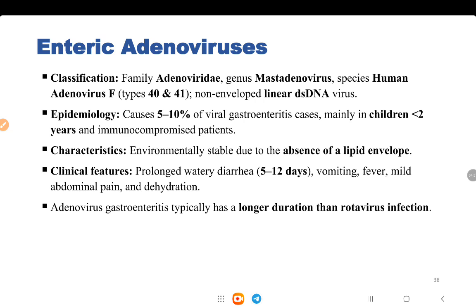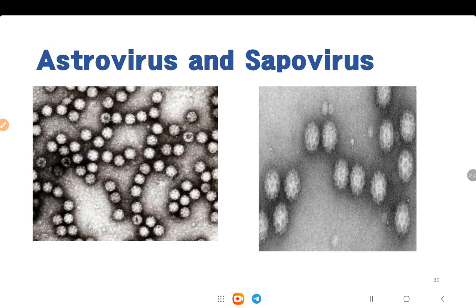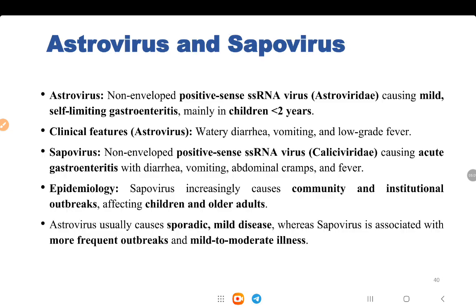Here we talk about other viruses which can cause viral gastroenteritis: astroviruses and sapoviruses. Astroviruses are non-enveloped positive single-strand RNA viruses from the family Astroviridae, causing mild, self-limiting gastroenteritis mainly in children under 2 years.